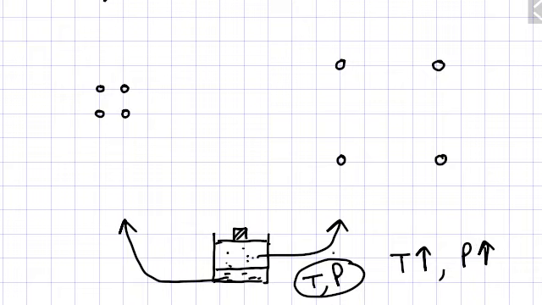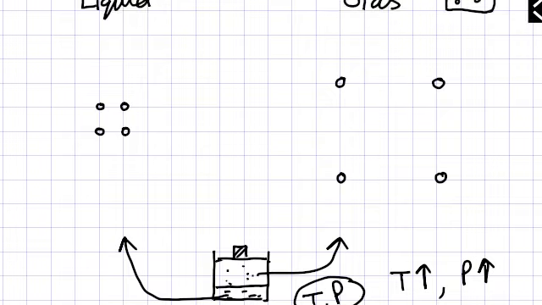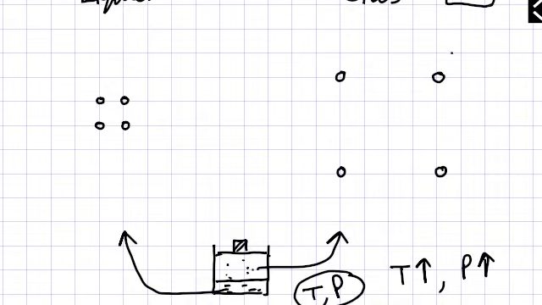When we increase the pressure and temperature, liquid molecules will go further away from each other, and gas molecules will come closer to each other. This is the property of liquids and gases, they behave this way. You need to understand this point, and I will make it clear later.